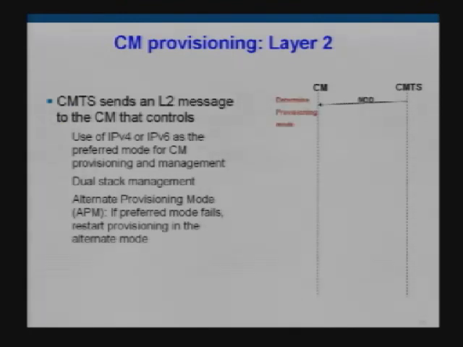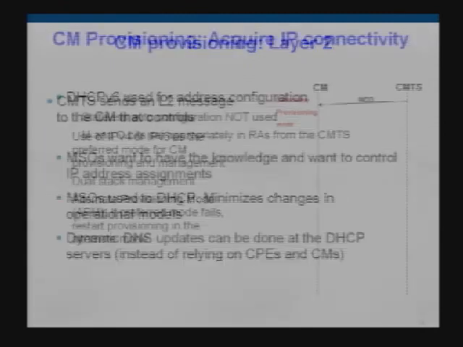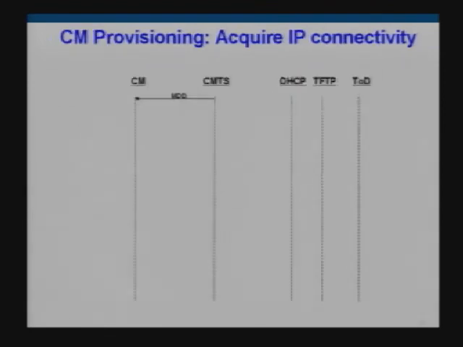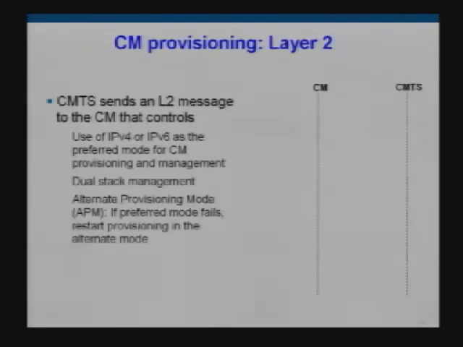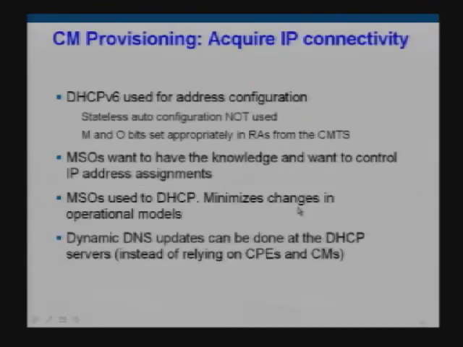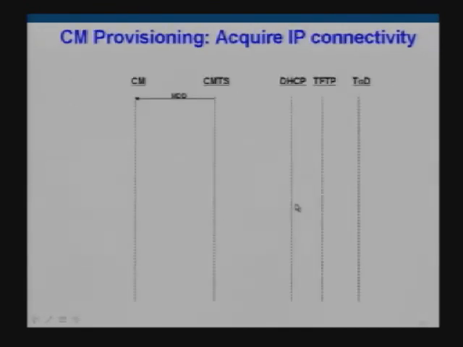First of all, an MDD message, which is nothing but a periodic message on the wire in the downstream direction, tells what kind of V6 or V4 provisioning mode it has to use.